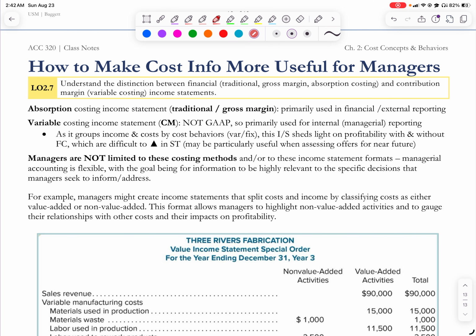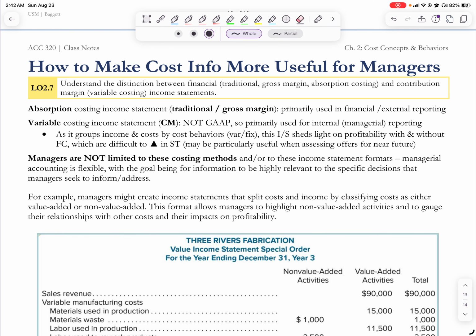Okay. Lastly, how can we make cost information more useful for managers? We just talked about how to do those particular income statements and use those particular costing methods, absorption and variable, that is, how to use those different income statement formats. Those aren't the only options, though.